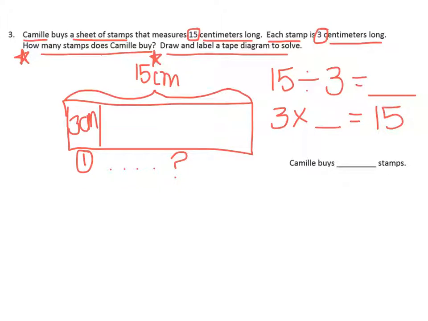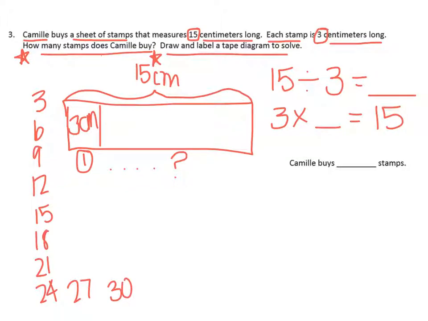Now, I think there was a song that we just learned, and it goes something like this. 3, 6, 9, 12, 15, 18, 21, 24, 27, I'm counting down to 30. So what I have done here is I have counted by 3s 10 times.